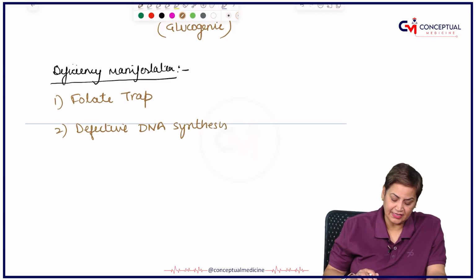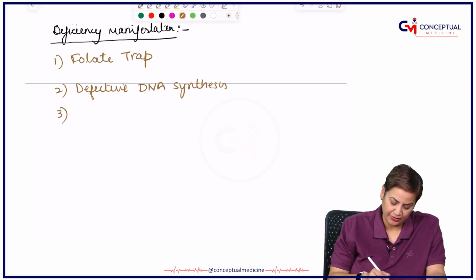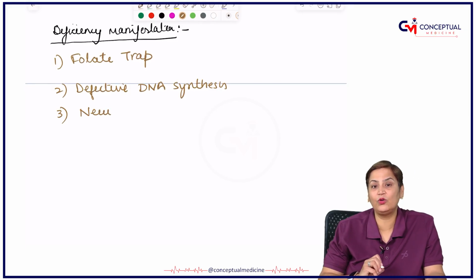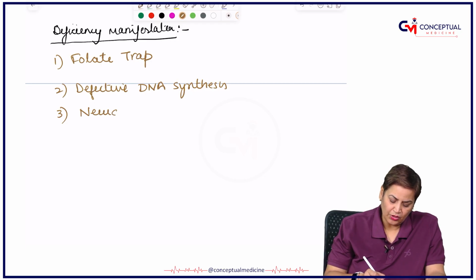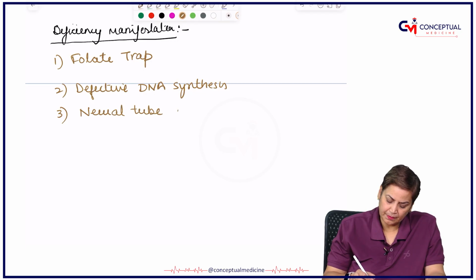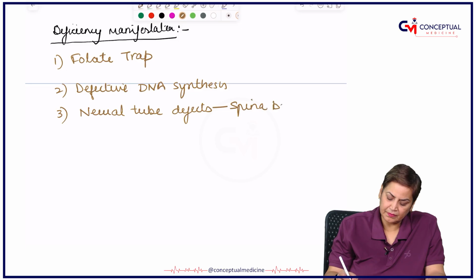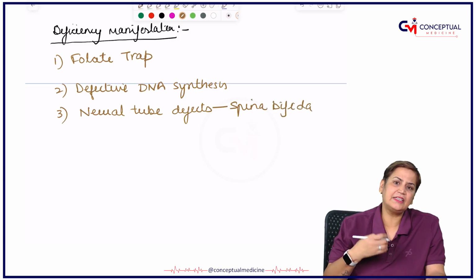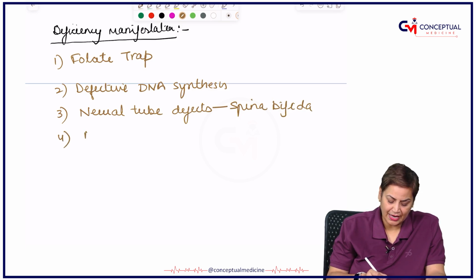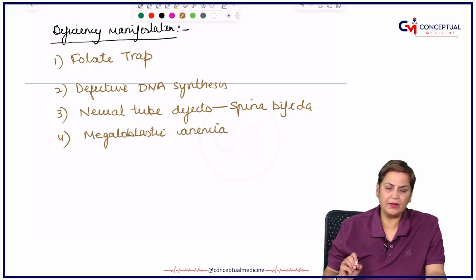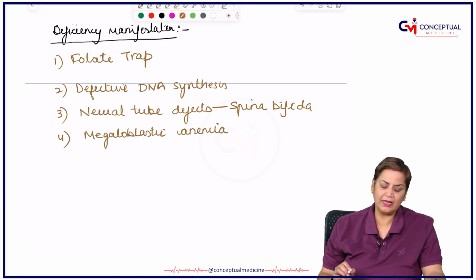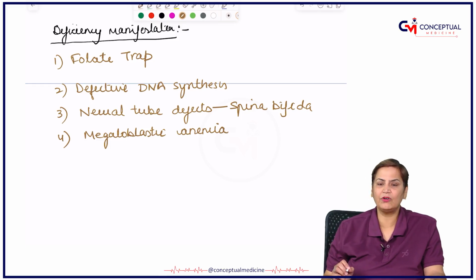Right, then folic acid deficiency leads to neural tube defects also, because in pregnancy this folic acid is mandatory, it is very essential for the fetus. So neural tube defects like spina bifida are there. Since there is a defect in DNA synthesis, it will lead to megaloblastic anemia. Right. So these are the four very important deficiency manifestations of folic acid.